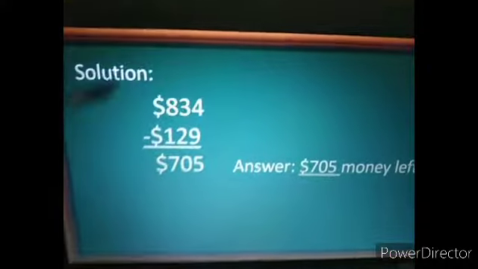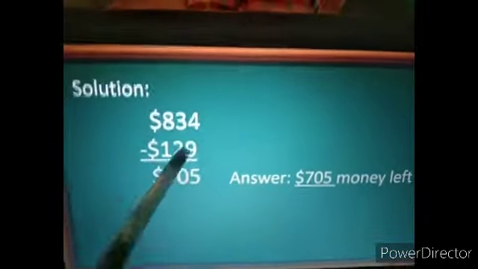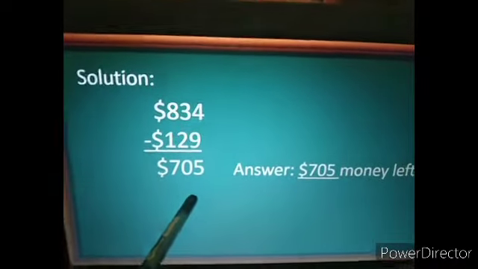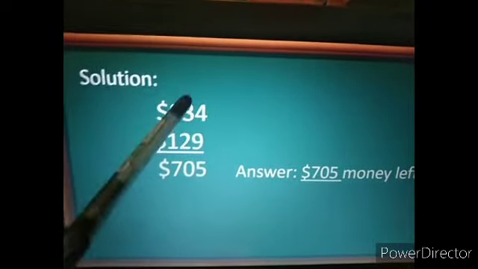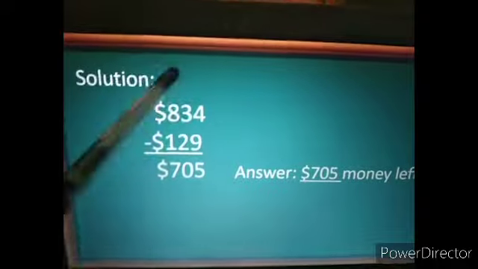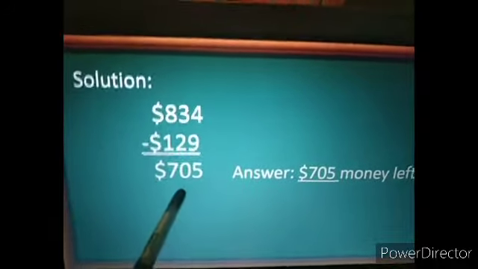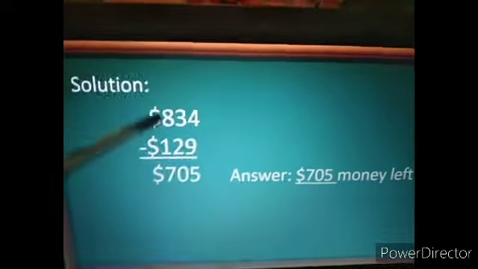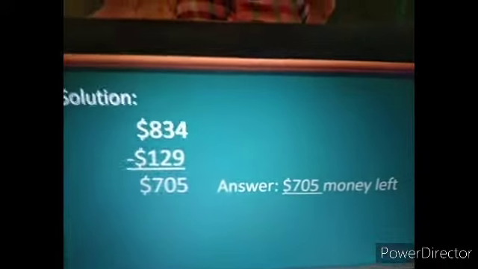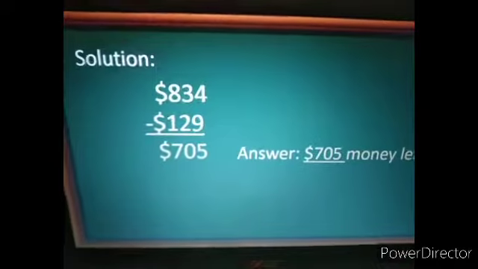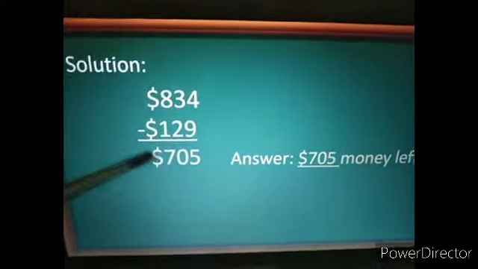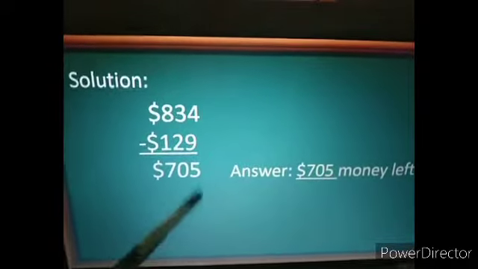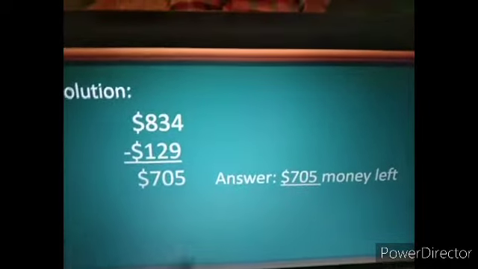So 14 minus 9 is equal to 5, and 2 minus 2 is equal to 0. So 8 minus 1 is equal to 7. So the answer here is $705 money left, okay?